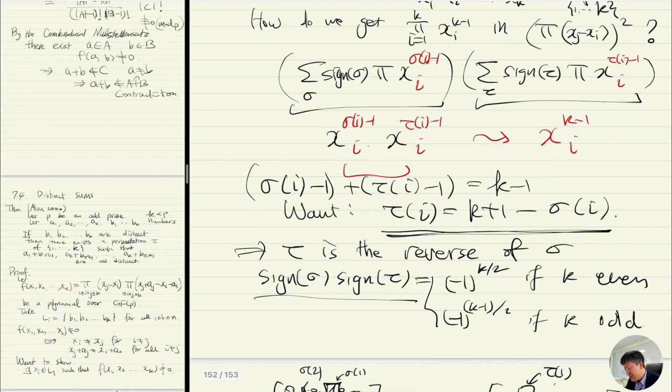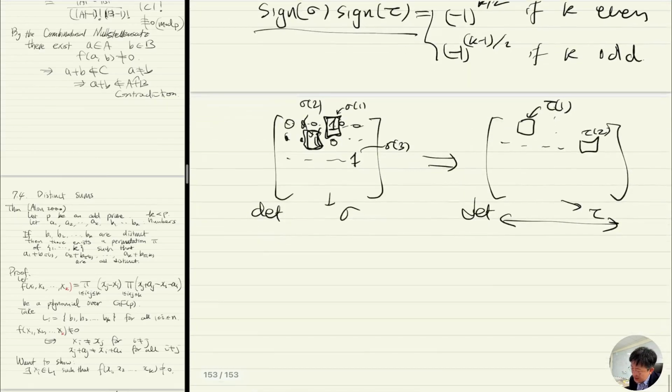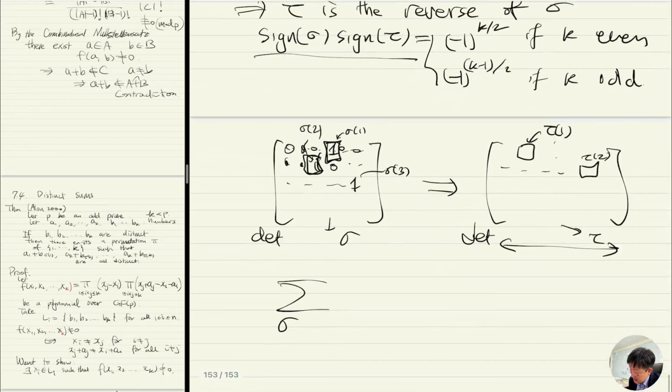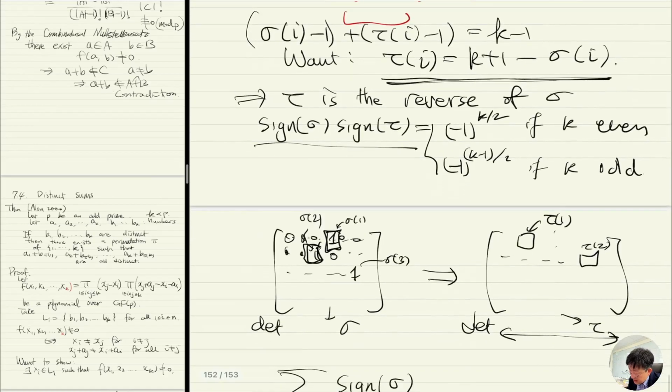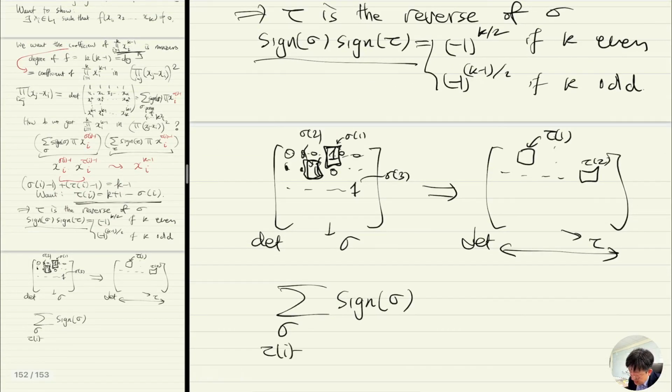So this means that when we are only observing the coefficients of that, it's enough to look at this pair, sigma and tau, where the product of signs is given by that formula, and tau i is k plus 1 minus sigma i.